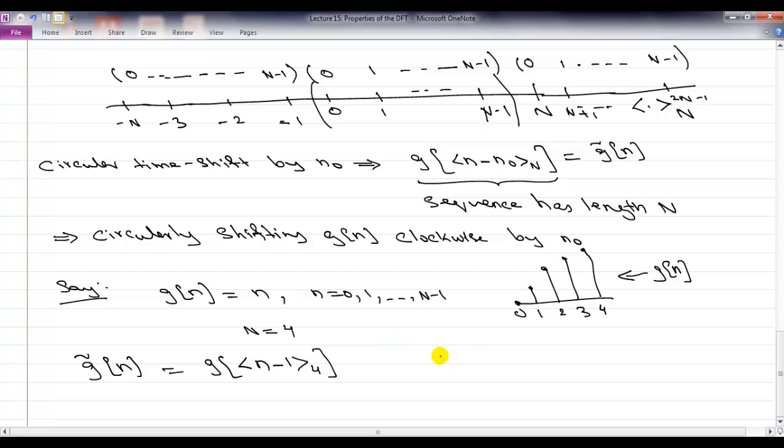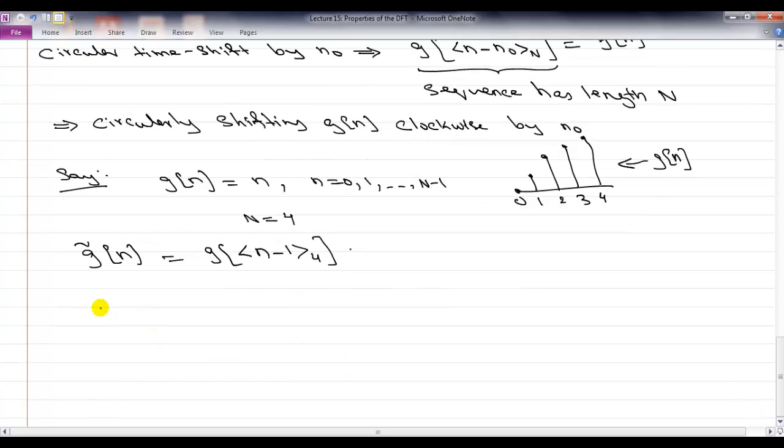Okay. So you can explicitly compute that. So what is g tilde 0? g tilde 0 is simply g of 0 minus 1 mod 4. That is g of minus 1 mod 4.